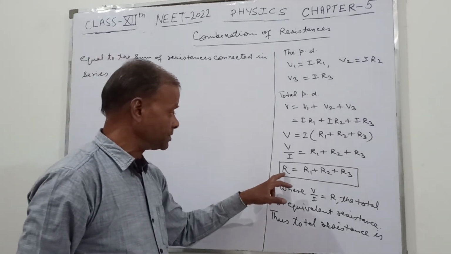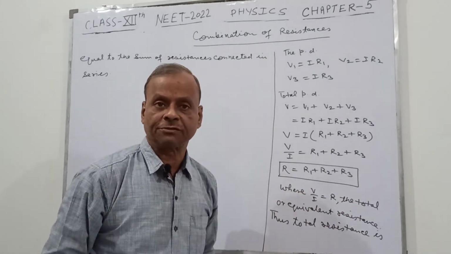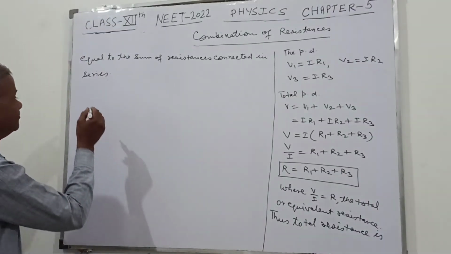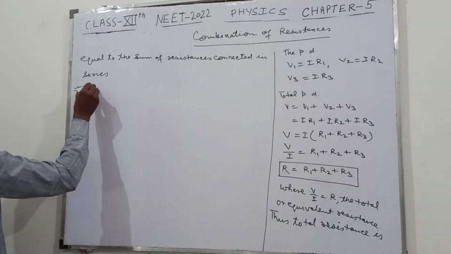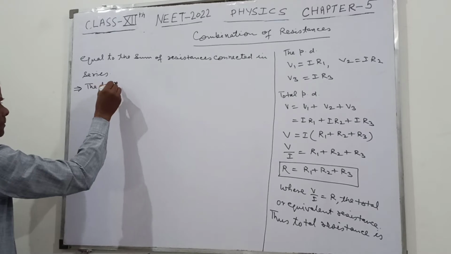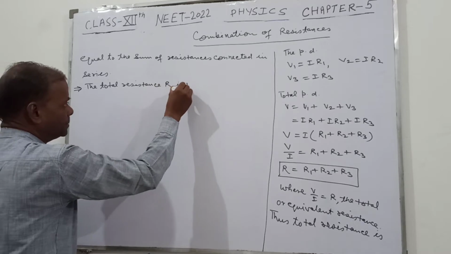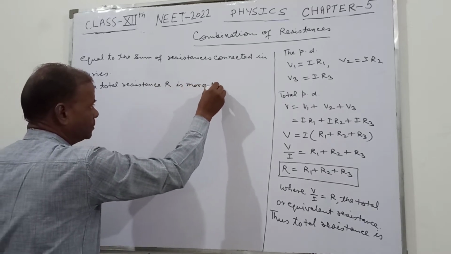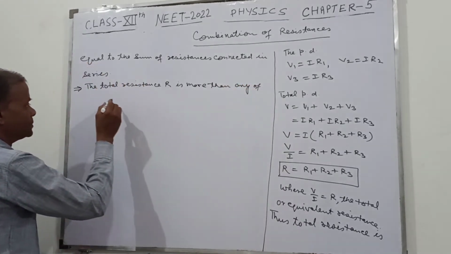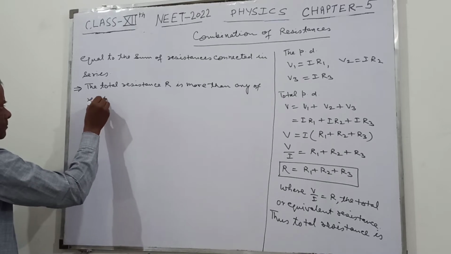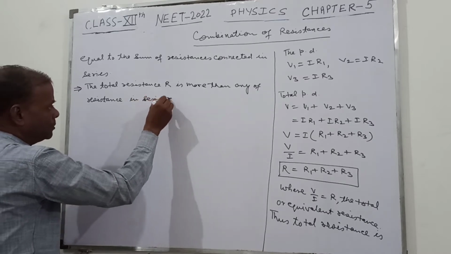And now this resistance R is greater than any of the resistances in the series. The total resistance R is more than any of the resistances in series combination.